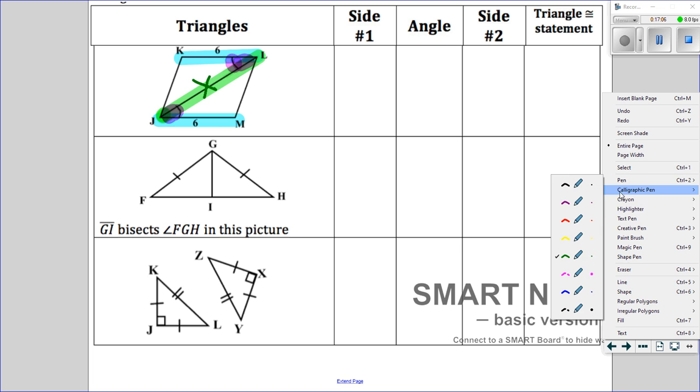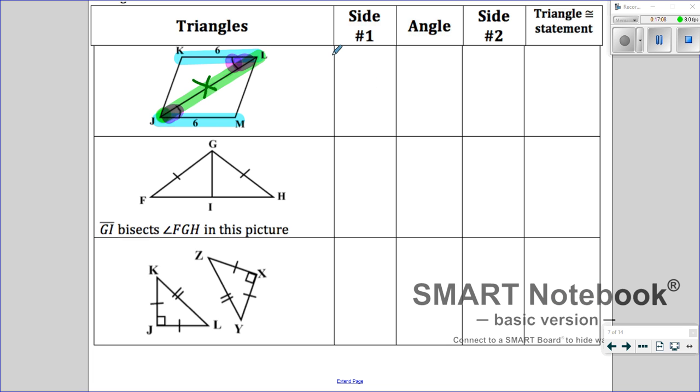So now I'm going to write the congruency statement. So I have KL congruent to MJ, and that is given because both of them are labeled as 6, so they're congruent. Then my angle is angle KLJ congruent to angle MJL, and that's because of the reflexive property.